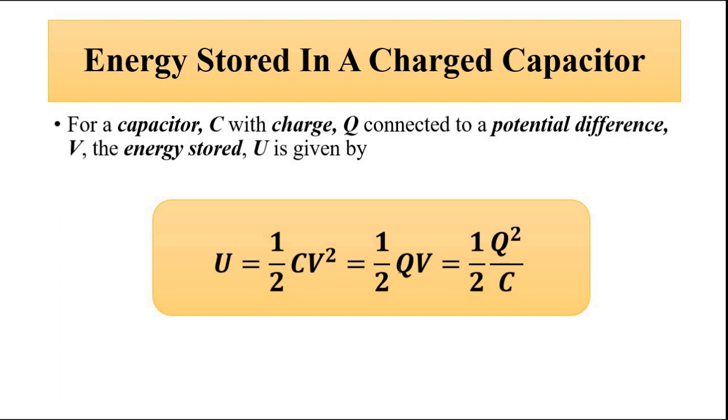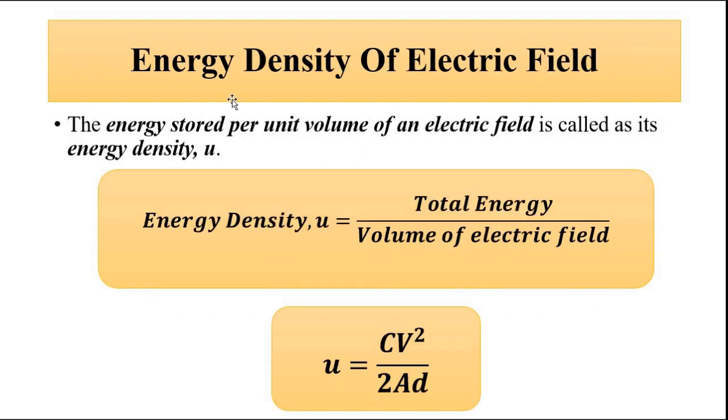Or again, V is equal to Q by C, and by substituting that, we get 1/2 Q square by C. So these are the different ways in which the energy stored in the electrostatic field of a capacitor can be determined.